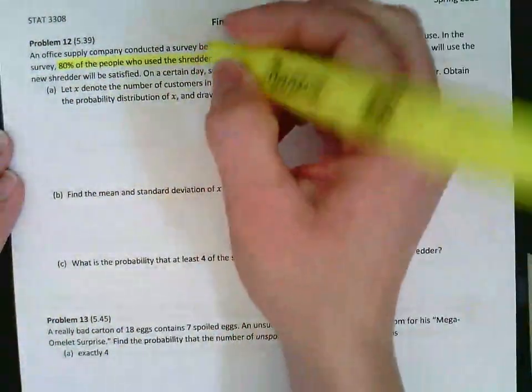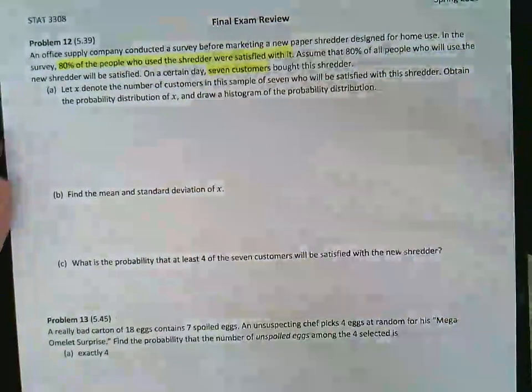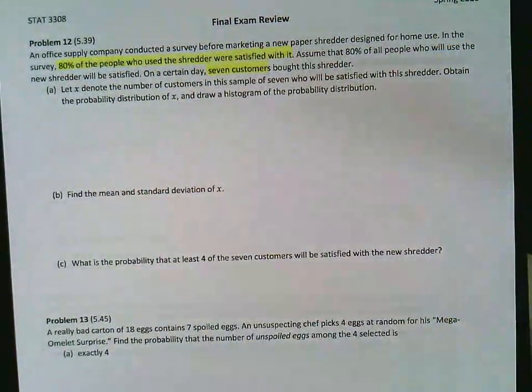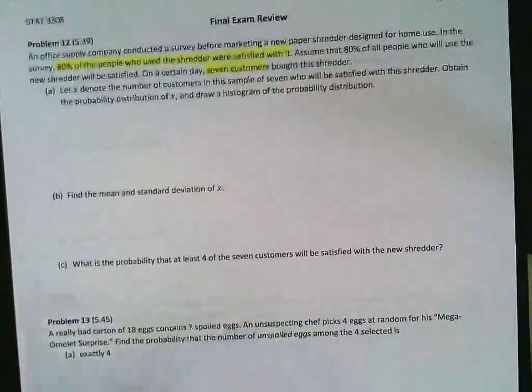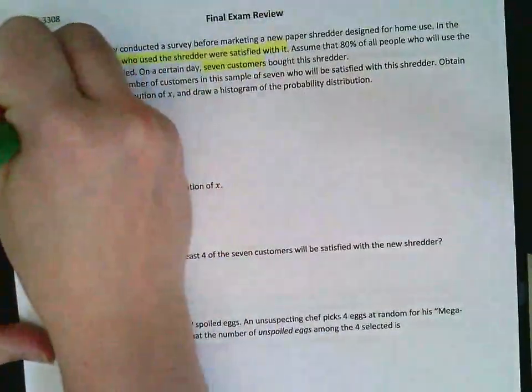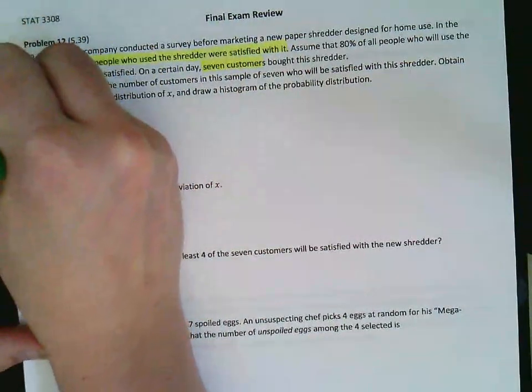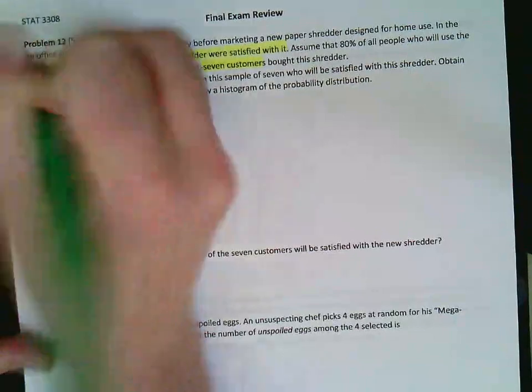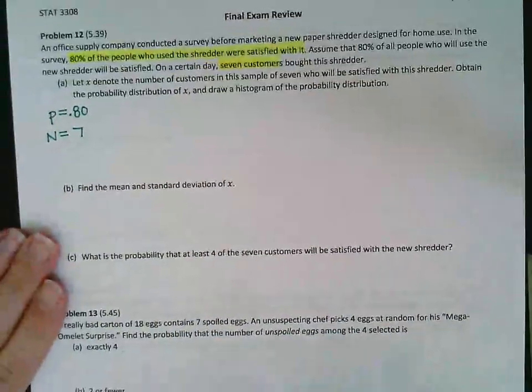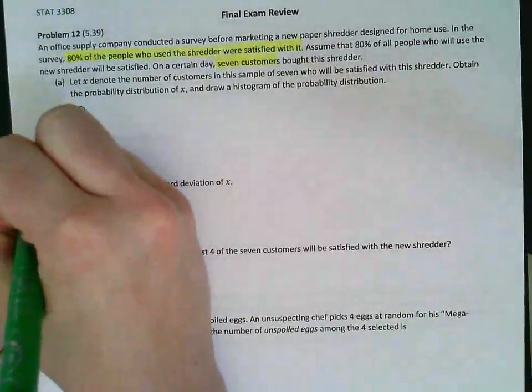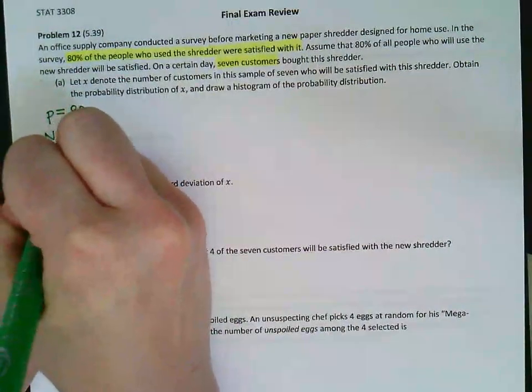And on a certain day, 7 customers bought this shredder. So in this question, I have a probability of success, right? And I have a set n. And so when I'm given those two things, the thing that we should have triggered in our brain is that this is a binomial model.